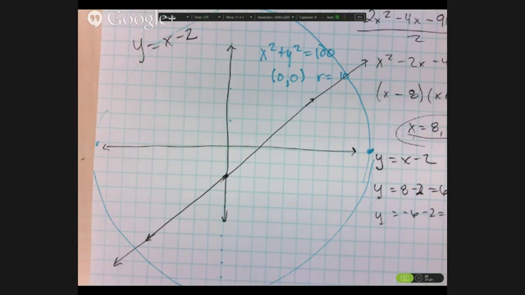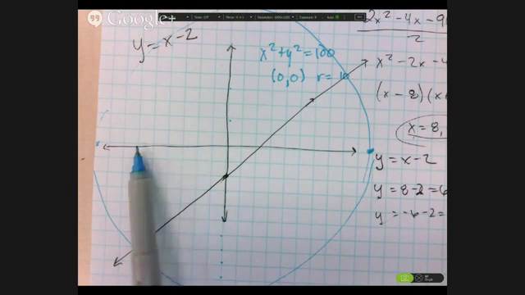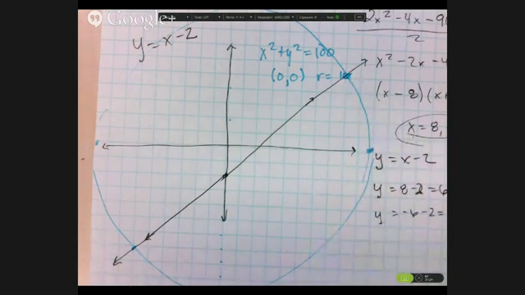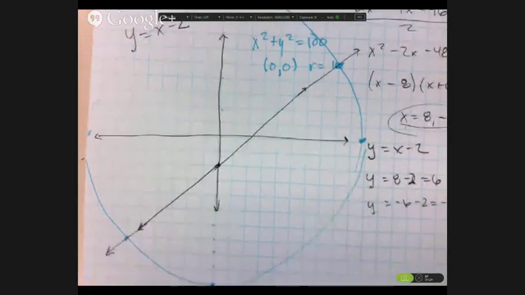How about that? 8, 6 is spot on my graph. What was the other one? Negative 6, 8. Oh, I'm just a touch off there. Okay, do you have any questions on that?